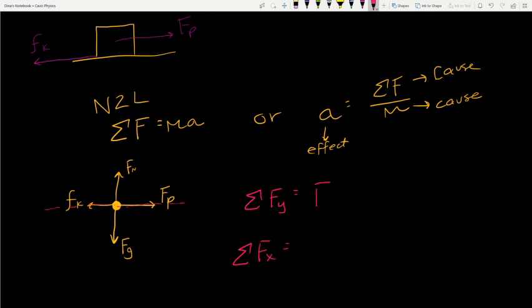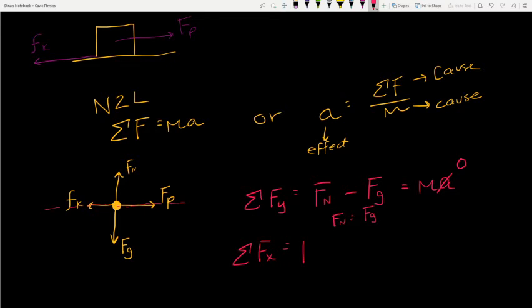We have the normal force, and then we have minus the force of gravity to show it's in the opposite direction, equals ma. Now it's not moving in the y direction, it's on a horizontal plane, so that means that our acceleration is 0, which means that our normal force is equal to our force of gravity. In this case, that is true.